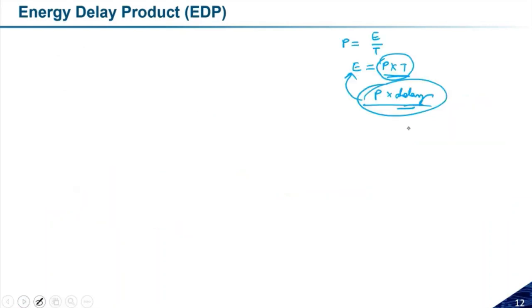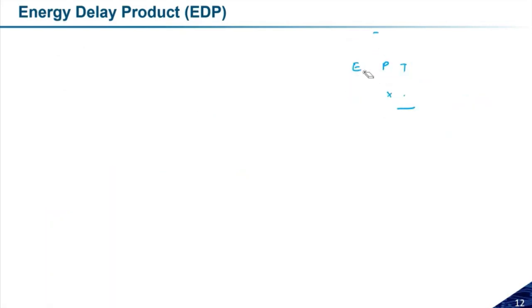Now if I have to calculate the EDP, the energy delay product, then EDP is energy into delay. And energy is the PDP, so EDP is PDP into delay.